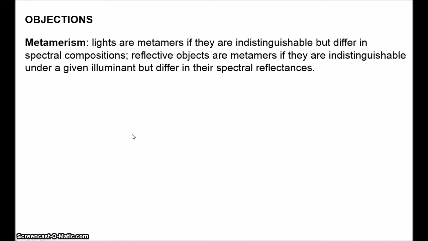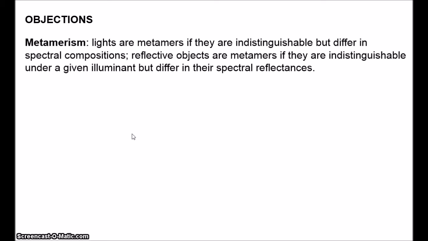Well, a significant challenge to reductionism is posed by metamerism. We mentioned metamerism briefly in the last video. Our three types of cones make for a very coarse colour detection system. Two types of light of very different physical composition can produce the same response.